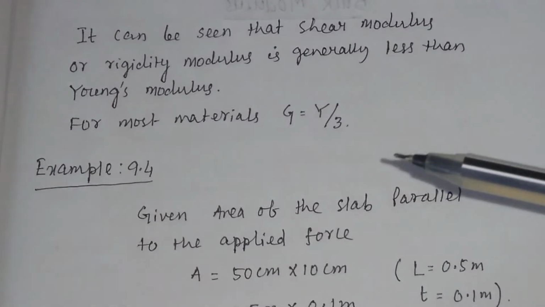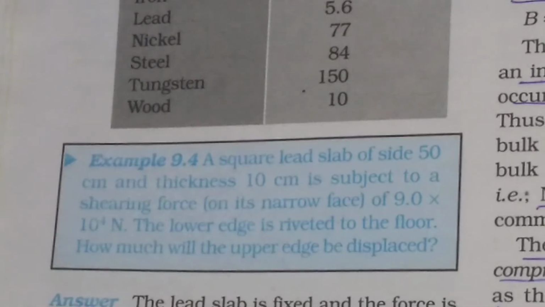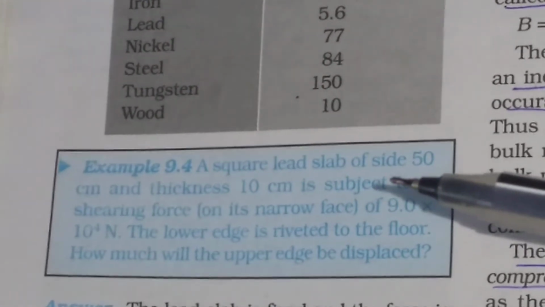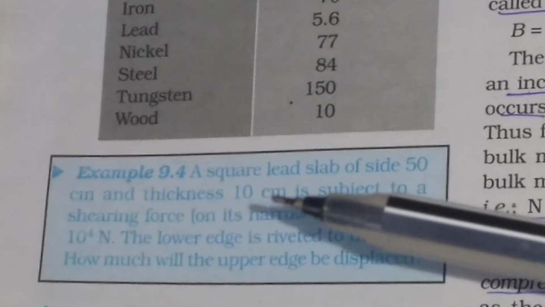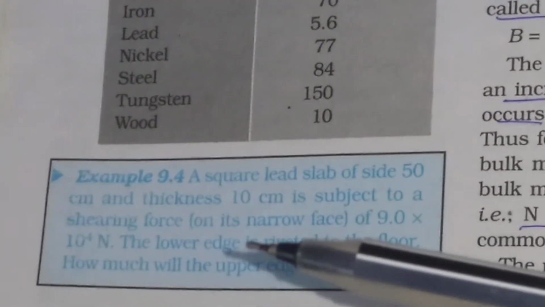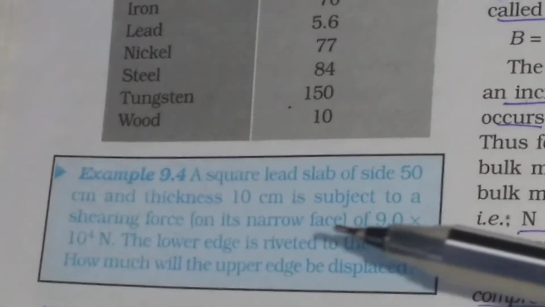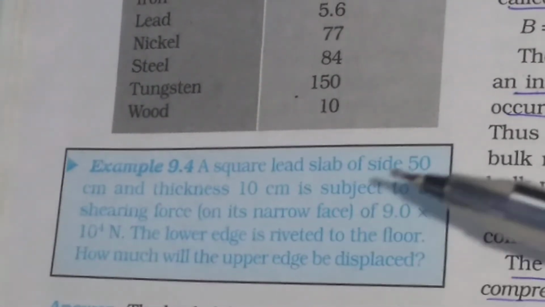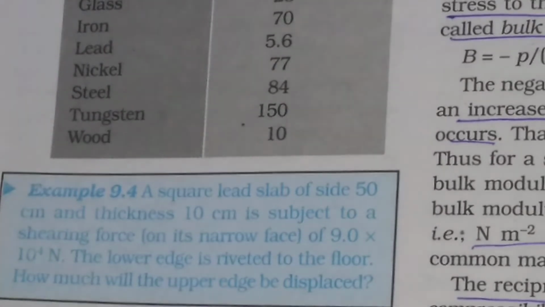Now let us work out a problem. A square lead slab of side 50 cm and thickness 10 cm is subject to a shearing force on its narrow face of 9 into 10 to the power 4 Newton. So the force is given to the narrow face as shown in this figure.